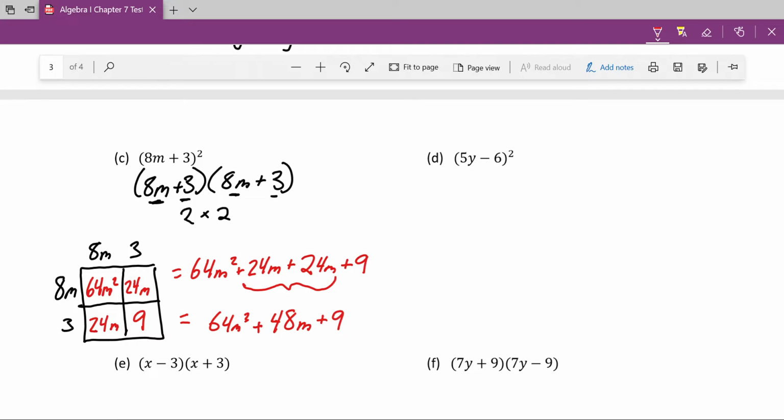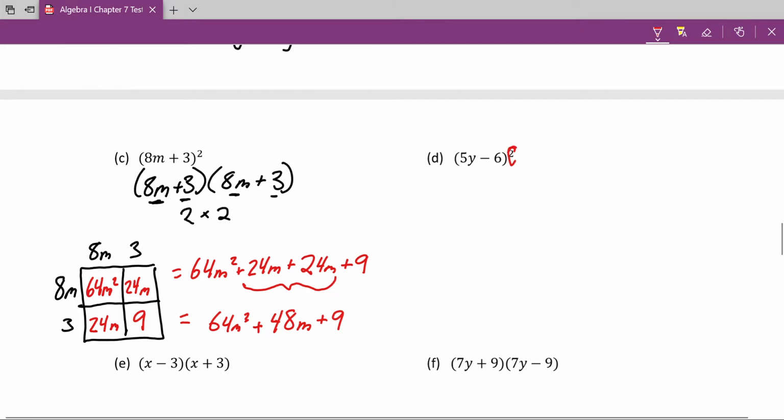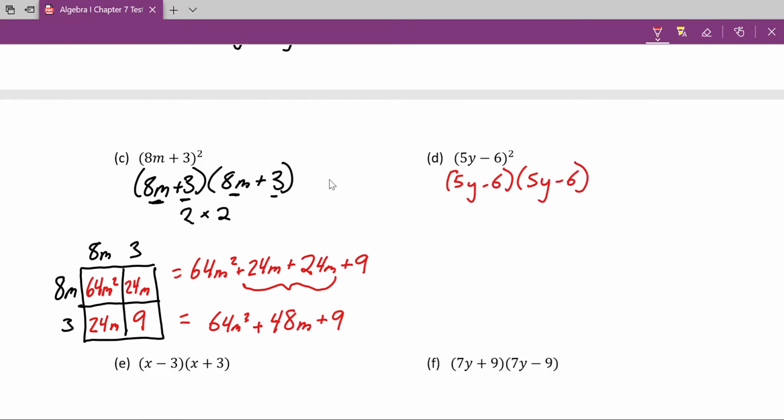And again, when we're looking at this little square right here, we know that that actually means times itself. So we're going to do 5y minus 6 times 5y minus 6. And again, box method, I'm going to go ahead and figure out how many terms there are in each of these.